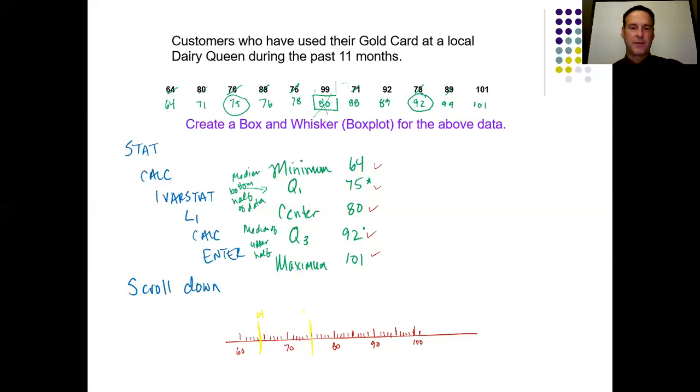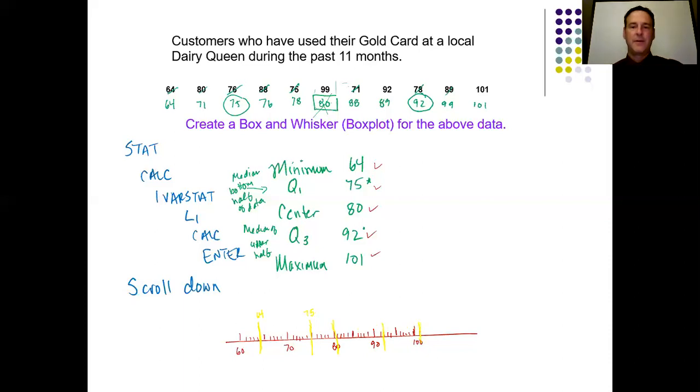Now I have tick marks, so because they land exactly on a tick mark, you don't really have to write the 75. If they don't land exactly on a tick mark, like maybe it was 75.3 and it's between some spaces here, then write the number above. Here's 80. Here is 92 and 101.